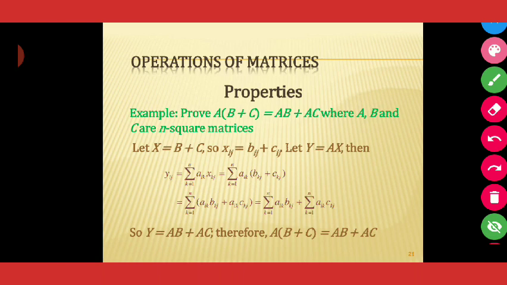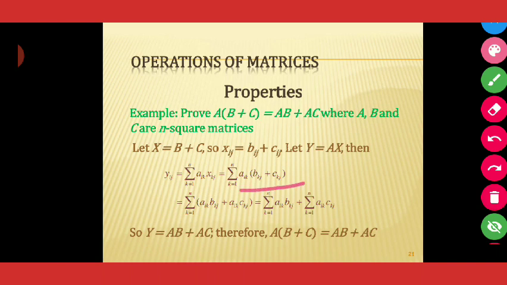Now our LHS becomes A(B + C), which is AX, and consider this as Y. What are the elements of matrix Y? The elements of Y can be written as Yij, which is the summation of Aik Xkj, and after substituting the value of X you get this.